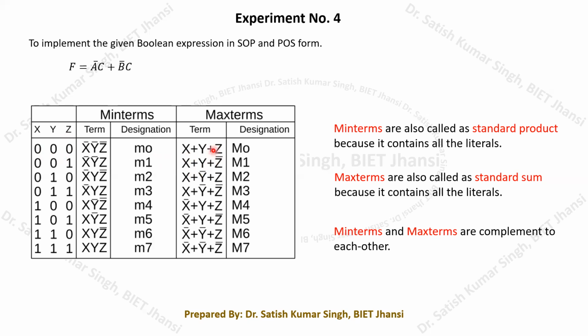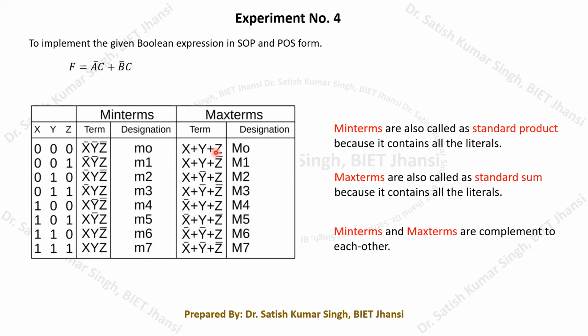Similarly, you can obtain all the other max terms by following these combinations, complementing each of the variables and then performing the OR operation between all the variables. Here you can see that the min terms and max terms are complements of each other. If you take the complement of this particular min term, x complement, y complement, z complement, the whole complement becomes x plus y plus z.